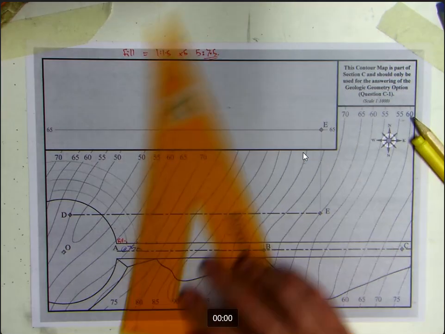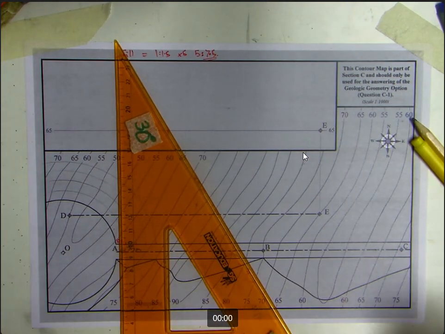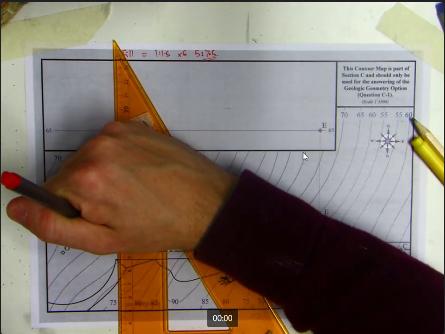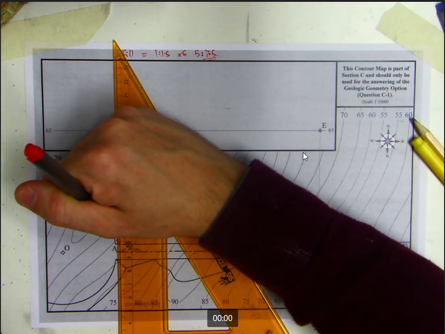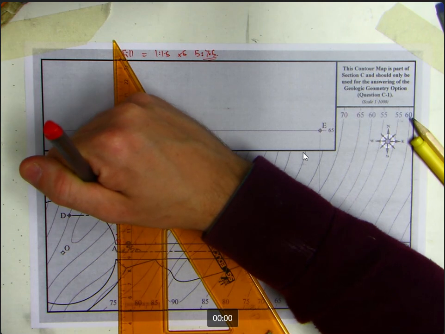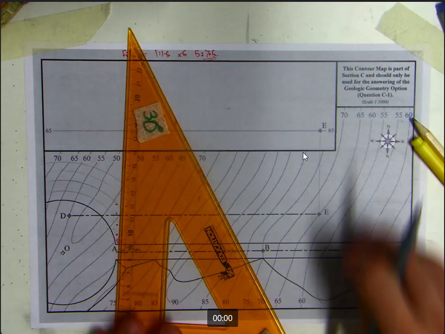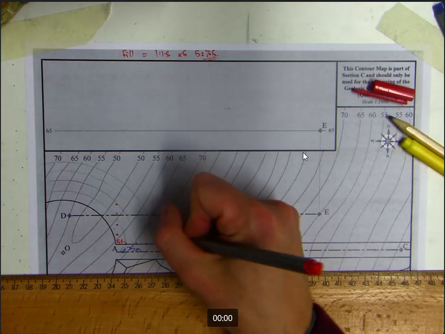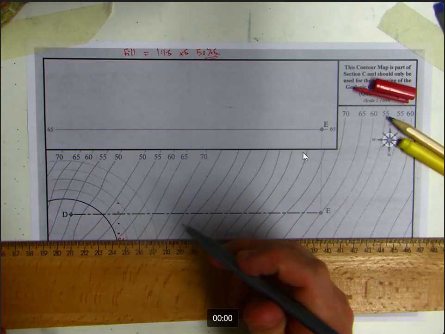And what we'll do then is from the edge of the road we'll step up the same. So we'll go 7.5, 15, 22.5, 30. I'll draw these in red. We know that it meets the 75 contour there.